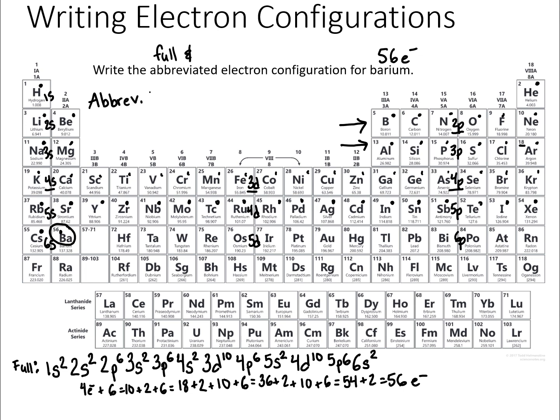For the abbreviated configuration, we can use the noble gas that comes in the period right before barium. So if barium is in N equals 6, what noble gas do I need to use for my abbreviated configuration? The noble gases are in the column that I just put an arrow above.